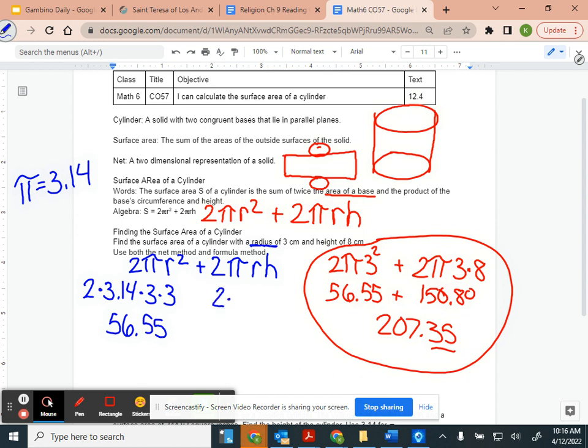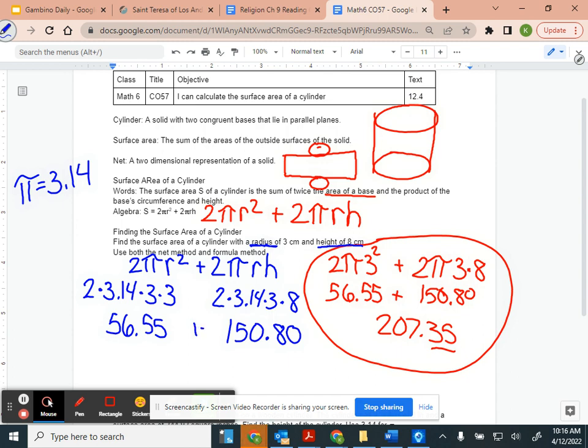Here, we would do 2 times 3.14 times 3, because that's our radius, and then the height is 8. So we multiplied it by 8. We put those 4 numbers in to multiply together: 2 times 3.14 times 3 times 8. And again, I use the pi button on my calculator, so mine might be a little bit off if you did 3.14.